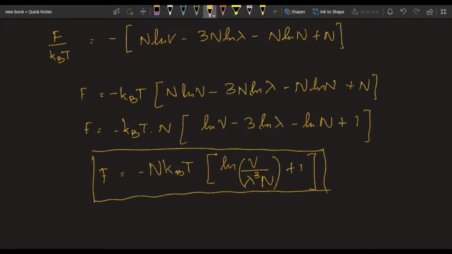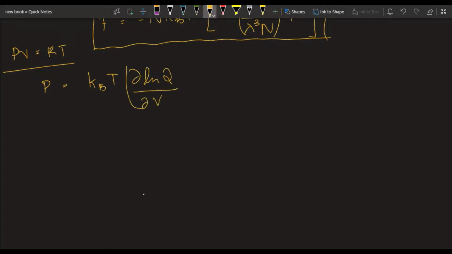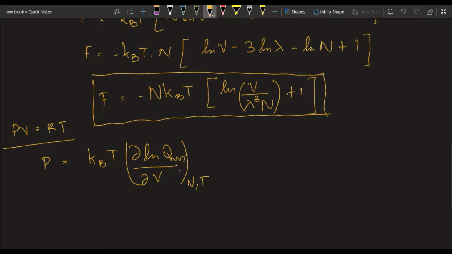So now let's see if we can derive the ideal gas law, that is PV equals RT. So the pressure is given by this equation in the canonical ensemble. We already have derived the log of the partition function, so we can directly substitute it.